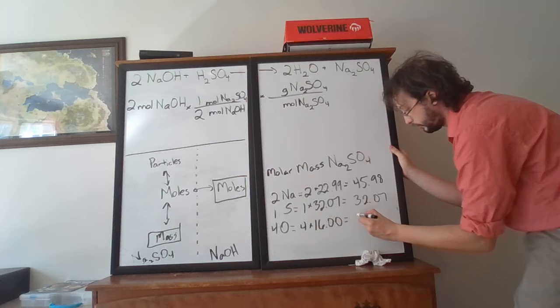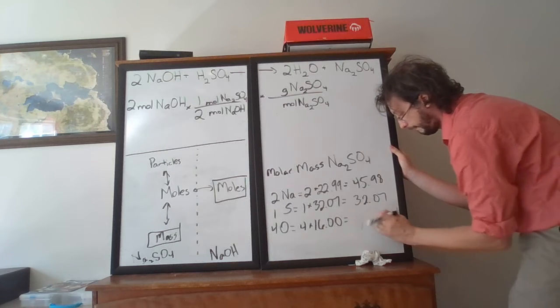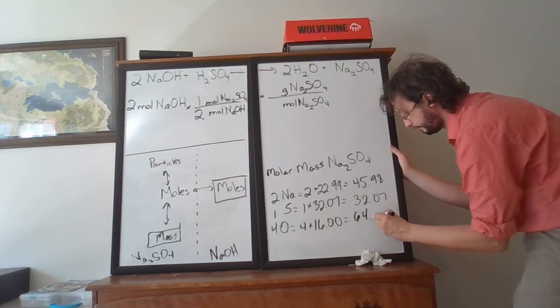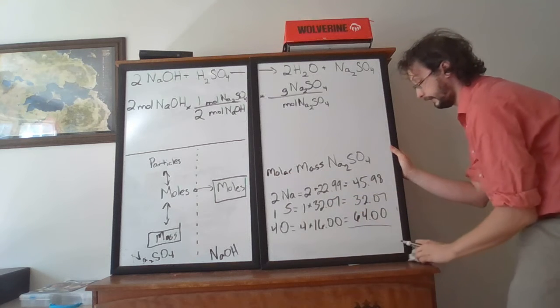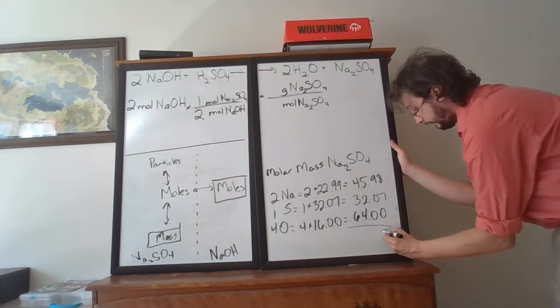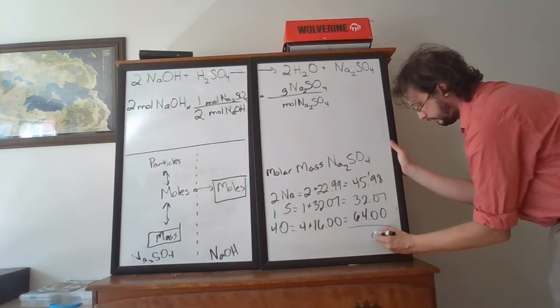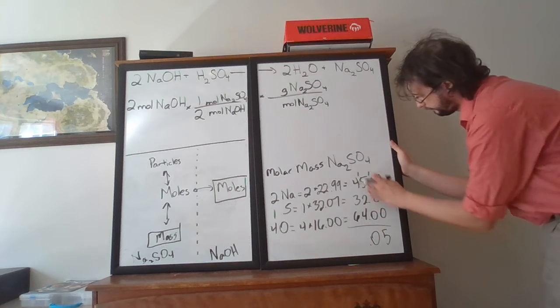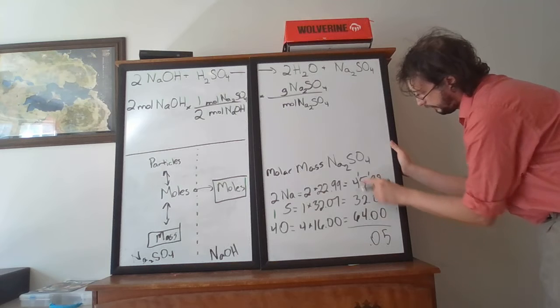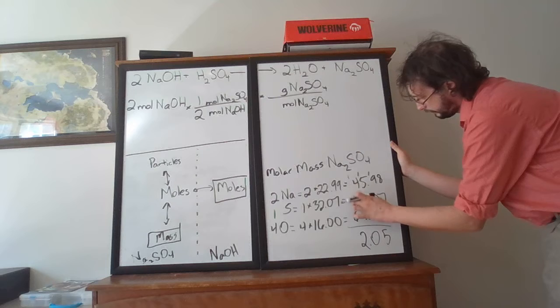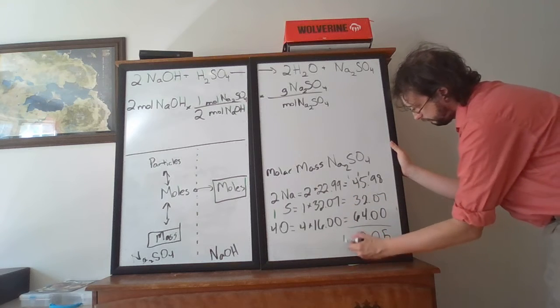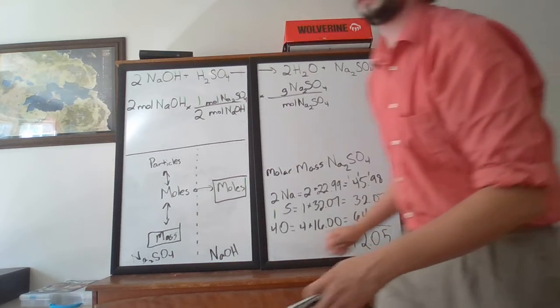So that brings us to a total of 64 for oxygen. Now, to get the total mass of all of these, we need to add these up together. So that gives us 5, another 12, 14. Let me double check that in a calculator.